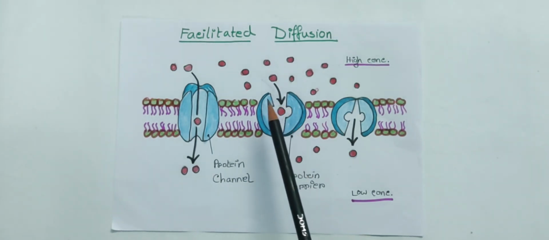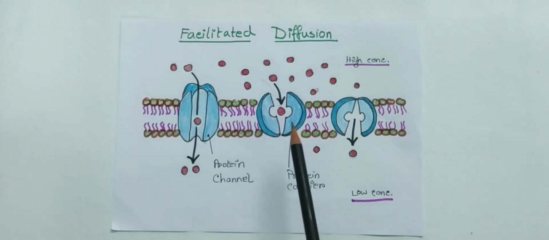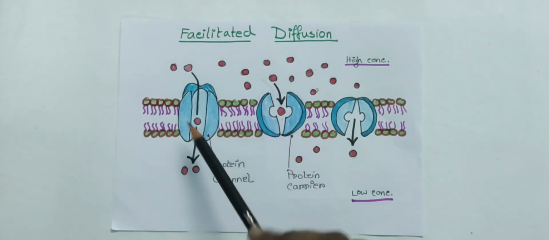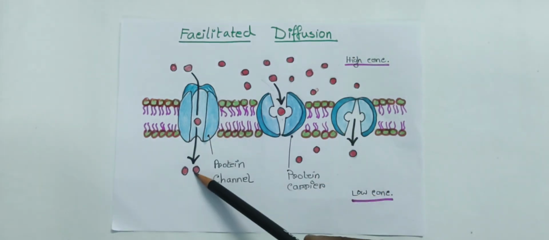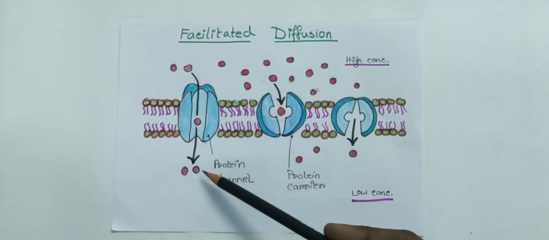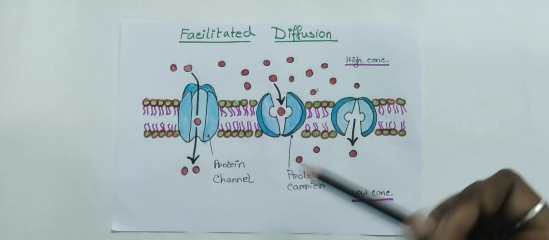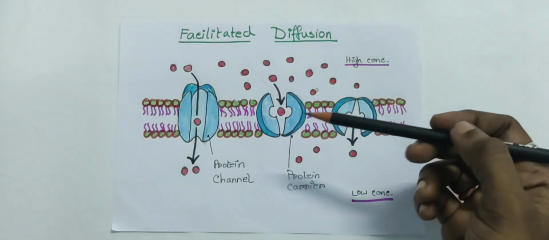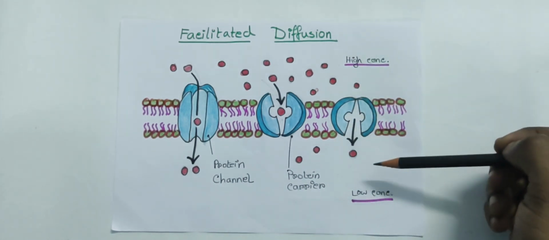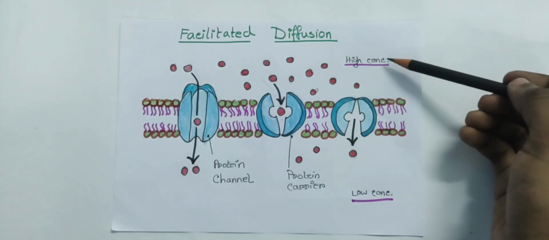These are actually of two types, uniport and antiport. Uniport is when only a single molecule can move. Only one single molecule can move through the protein channels. And antiport is when one molecule enters the cell, then another molecule from the inner side goes in the opposite direction.